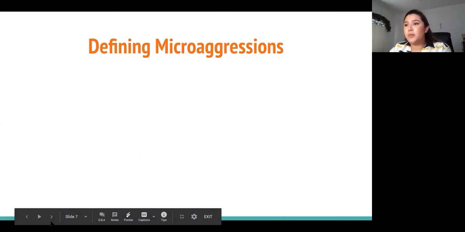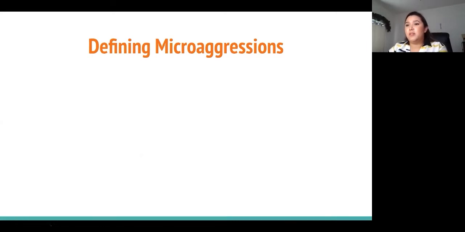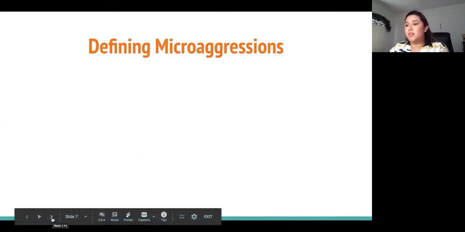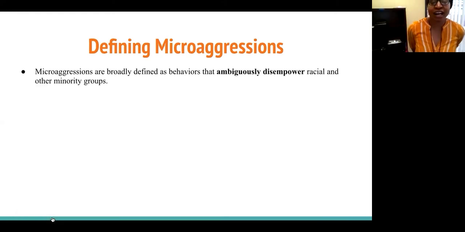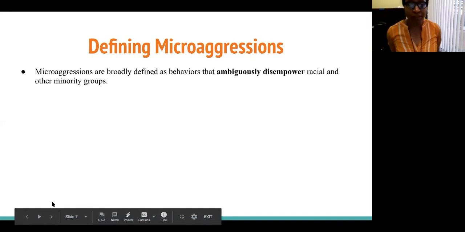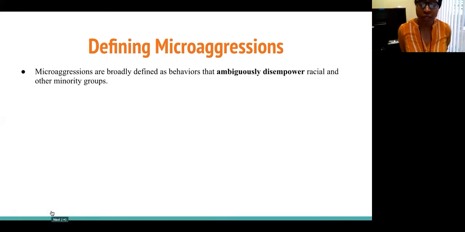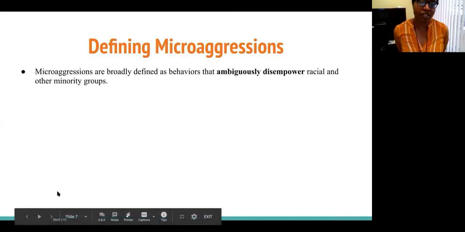Okay, and now we will be moving on to explaining a little bit about what microaggressions are. We think it's very important as we go through this workshop that we all have a common definition. So we want to go through the literature to help define microaggressions so that everybody's using the same working definition.